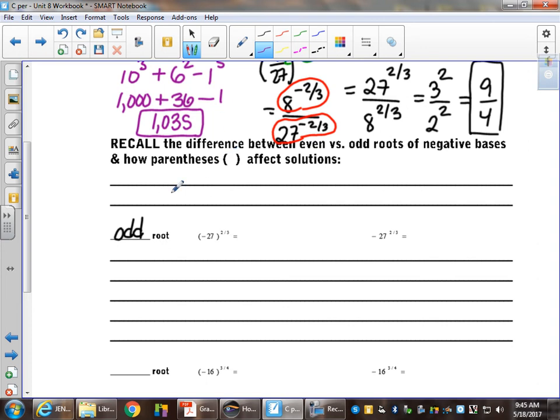For odd roots, the odd root of a negative base. Can I do that? Yes. So has a solution.